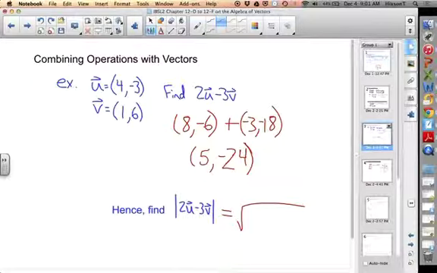So 5 squared, remember this is derived from the Pythagorean theorem. So we have 5 squared, and we have negative 24 squared, which is a positive 576, good. And then when you add that, you get 601.